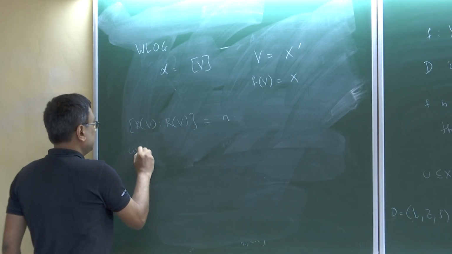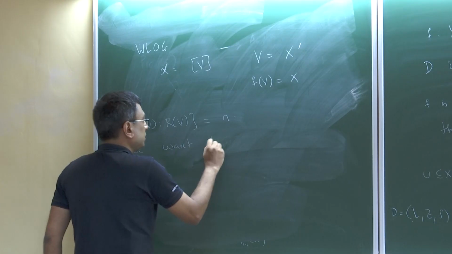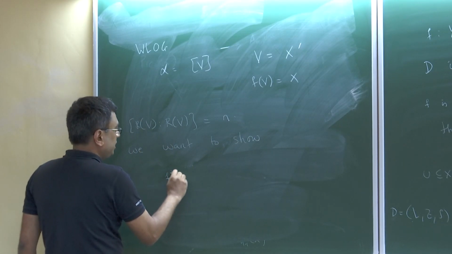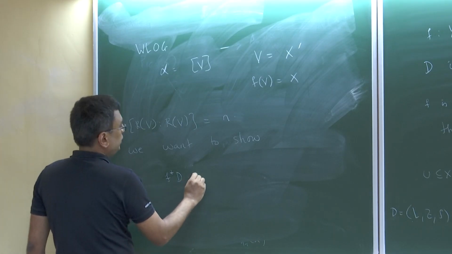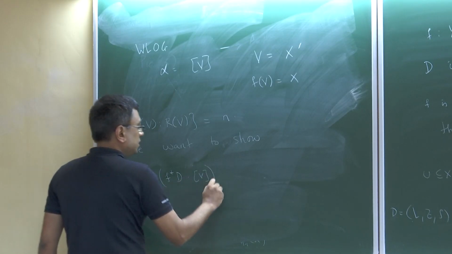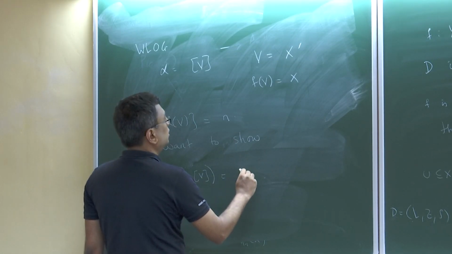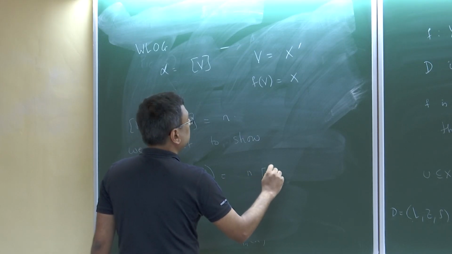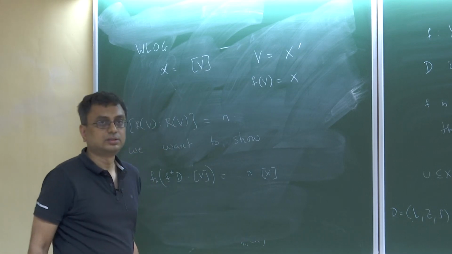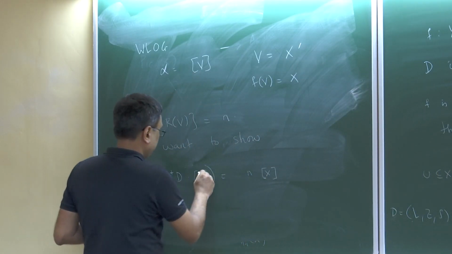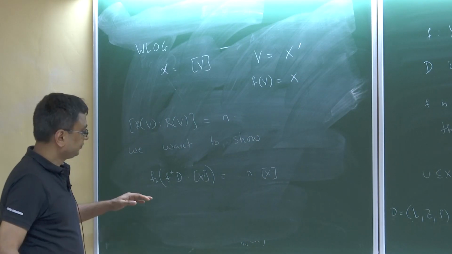We want to show that f upper star D dot product with V, and then push forward, is equal to n times the class of X, the degree times the class of X, because V is X prime, so maybe I can write X prime here if you want.